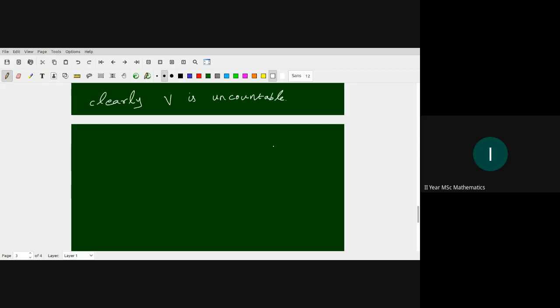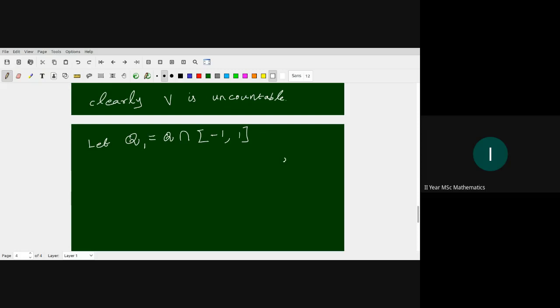Okay, now we are going to prove that this V is not a measurable set. For that, let us take Q1 as the set of all rationals in the interval minus 1, 1, that is, Q intersection minus 1, 1. Why do I choose this Q1?